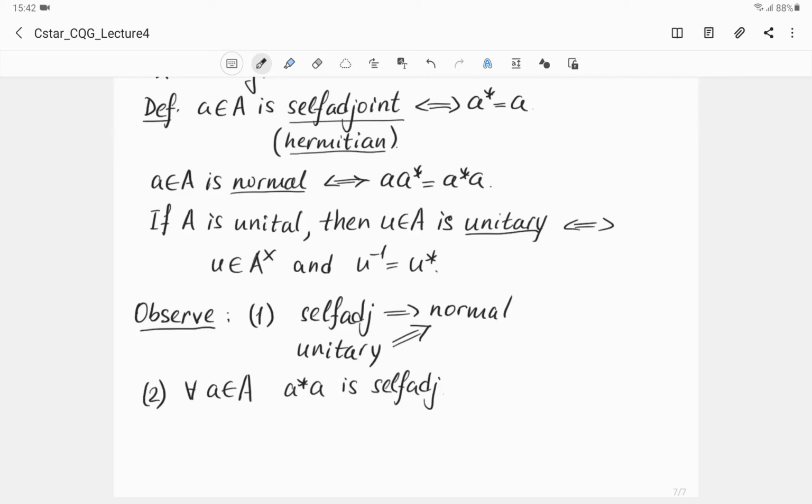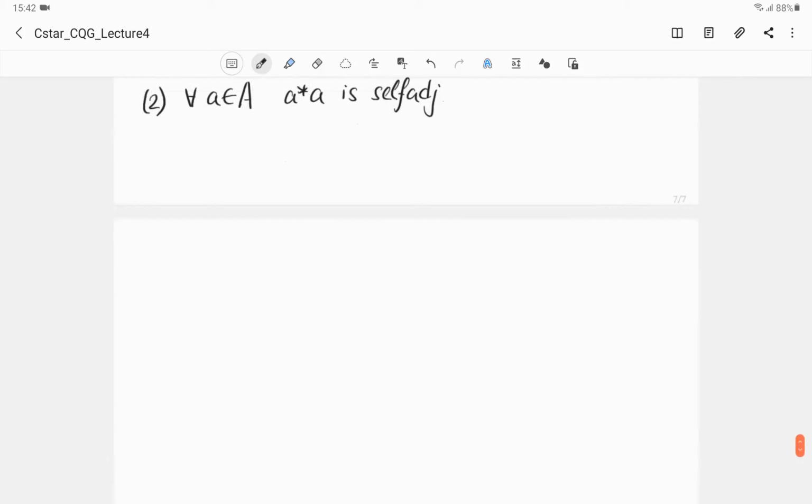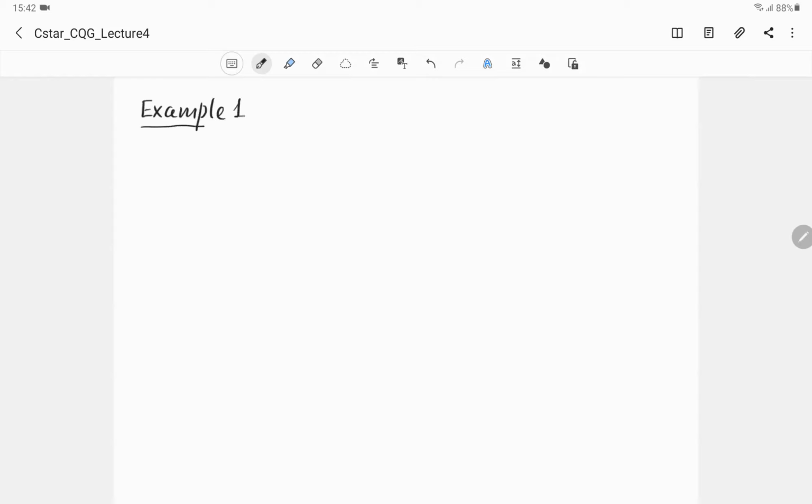Well, let's look at some examples. Example 1. Suppose that A is the algebra of all functions on some set X. Or we can also take the algebra of continuous bounded functions on a topological space.